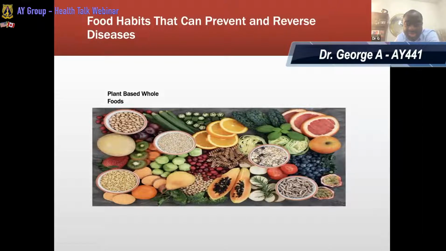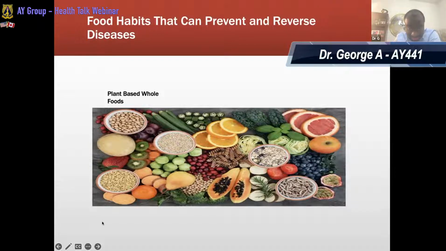So this is an image representation of plant-based whole food that we can eat. Imagine your daily food is made up of this. More greens, more green leafy vegetables. You wake up in the morning, you eat organic whole grain oats. Instead of sugar, you put honey in it, not too much, but honey has a low glycemic index and it has other nutritional value.